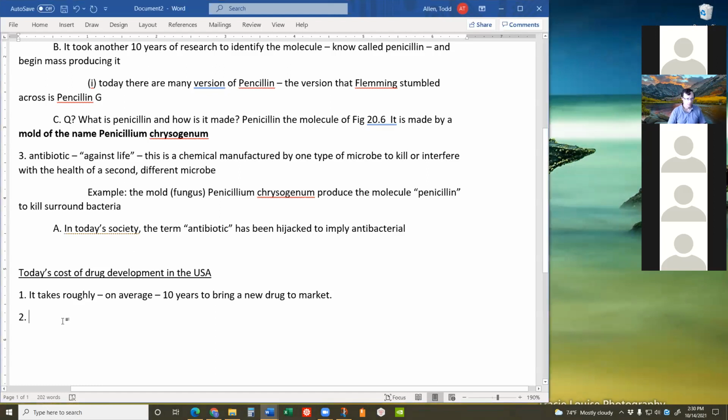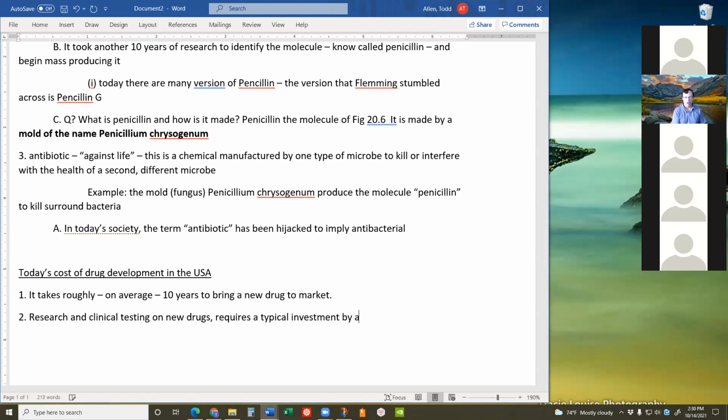Research and clinical testing on new drugs requires a typical investment by a drug company of at least $1 billion US.